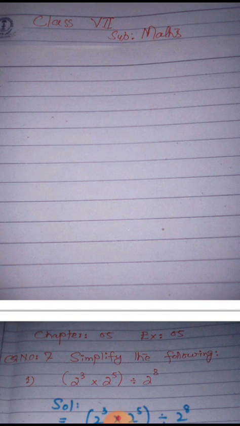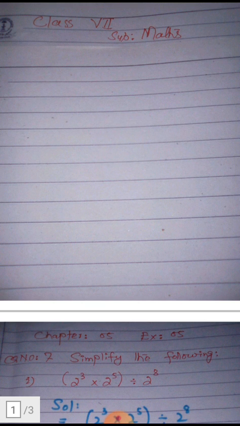Question number 1 from 7: (2 power 3 multiplied by 2 power 5), with the bracket on both sides, divided by 2 power 8. Look at the bracket, there is multiplication given. In multiplication, you have learned that when bases are the same, we add the powers.